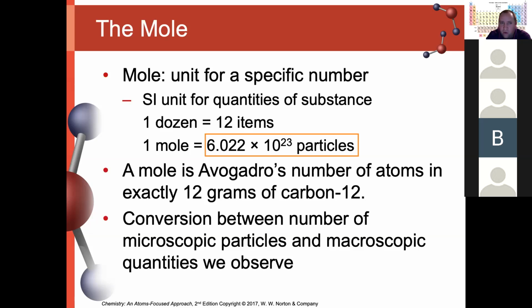But one of the really great things about using this conversion is that by converting things into moles, we now have a consistent way of comparing one set of objects to another. Because if I have 1 mole of carbon and 1 mole of nitrogen, I know that those 2 samples have the same number of atoms, the same number of molecules or formula units.